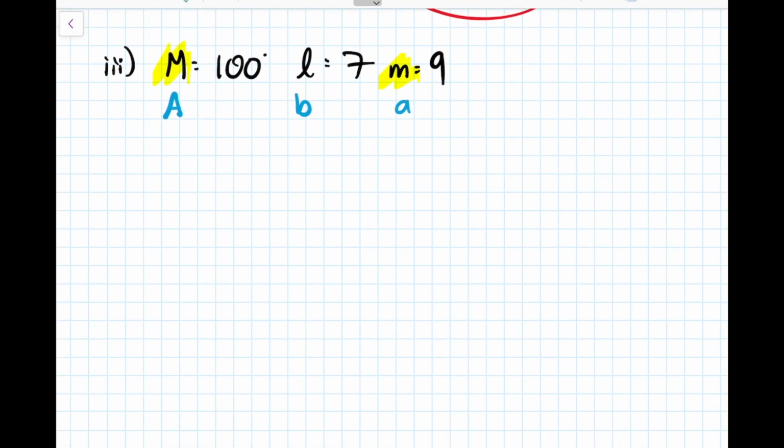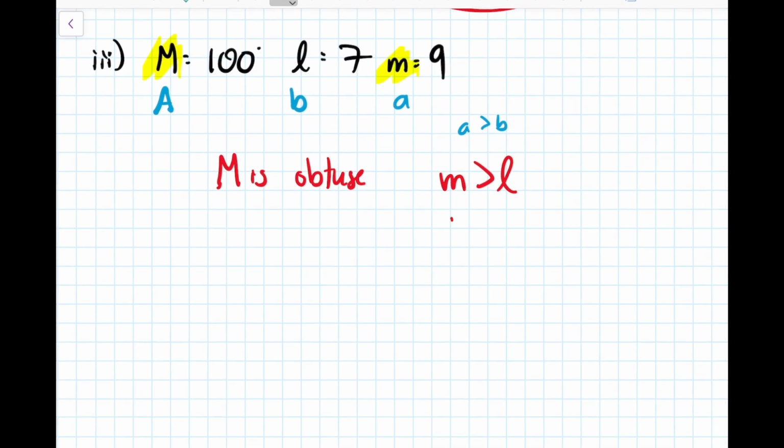So we'd say angle M is obtuse. We wouldn't have to actually write that down, but it's a good thing to note. Side M is bigger than side L, which is basically the same thing as saying side A is bigger than side B, which means we have one solution.